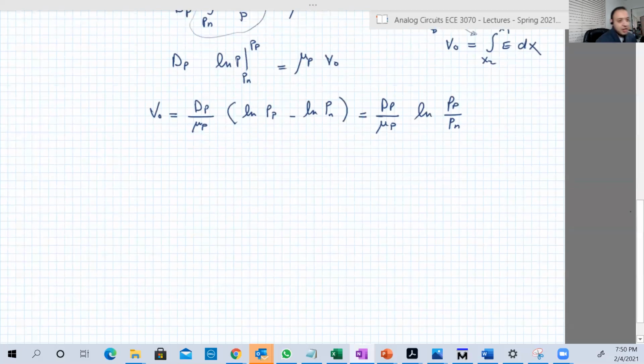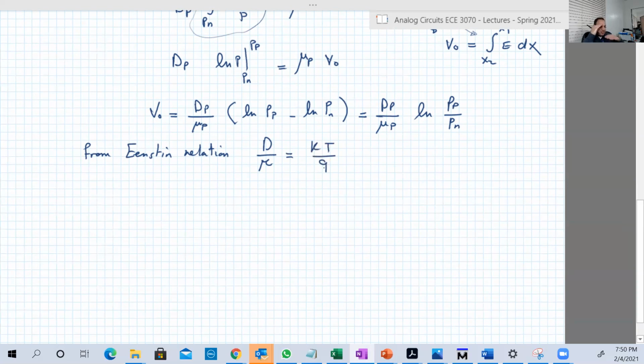Very nice. Remember, guys, the last fact or information that we discussed in lecture 3, which was the Einstein relation. From the Einstein relation, we knew that dP over mu p, or D over mu in general, equals kT over q.